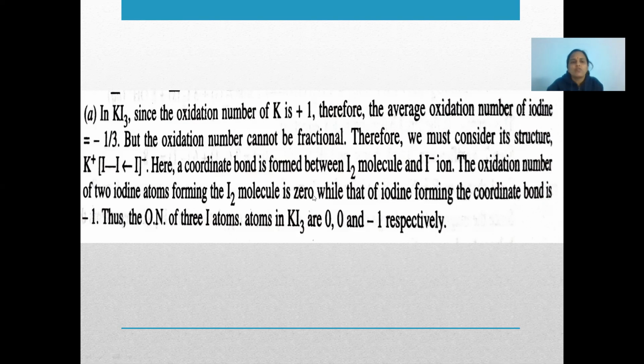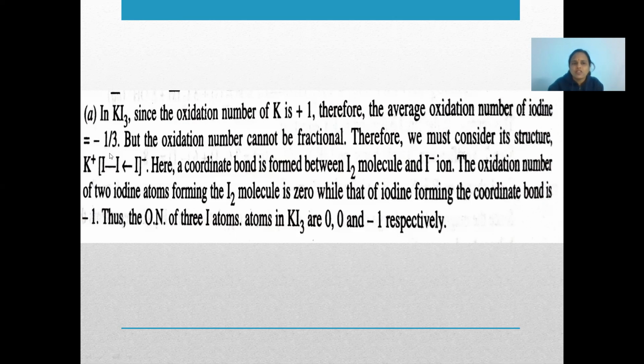The oxidation number of the 2 iodine atoms forming the I2 molecule is 0, while that of iodine forming the coordinate bond is -1. Therefore, the oxidation numbers of the 3 iodine atoms in KI3 are 0, 0, and -1 respectively. And therefore, we get the average oxidation number of iodine here as -1/3.